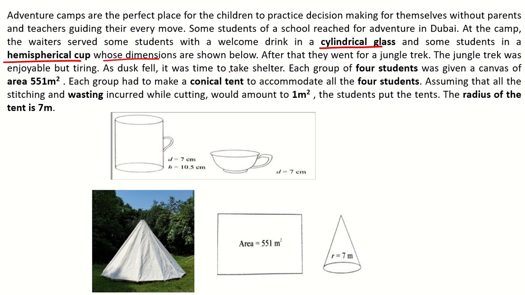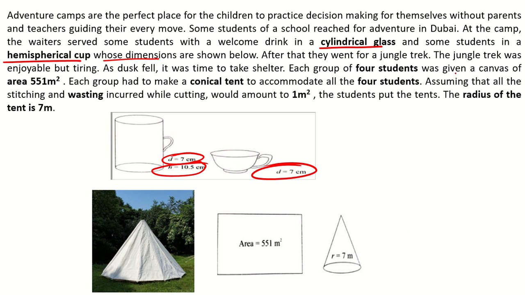Whose dimensions are shown below? For the cylinder, the diameter is 7 and the height is, I think, 10.5 centimeters. And for the hemisphere, the diameter is 7 centimeters. And for the cone, it is again given. After that they went for a jungle trek. The jungle trek was enjoyable but tiring. As dusk fell, it was time to take shelter.